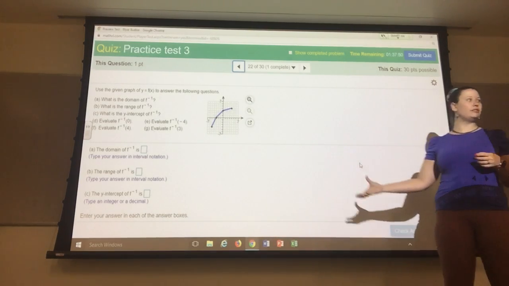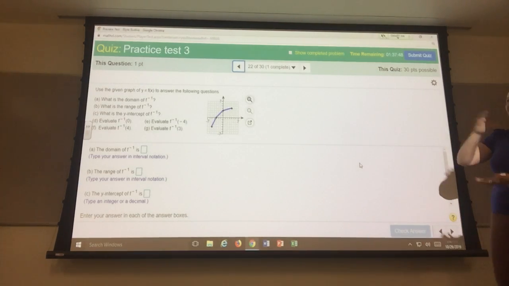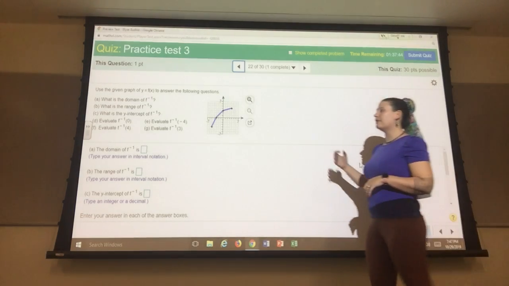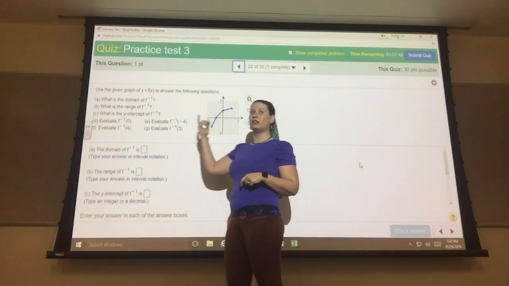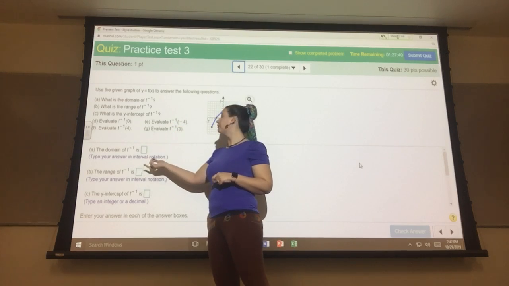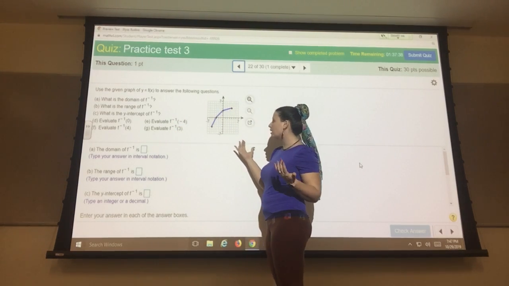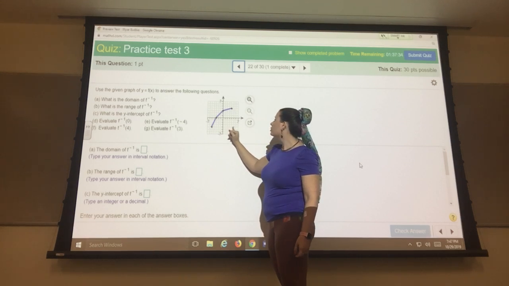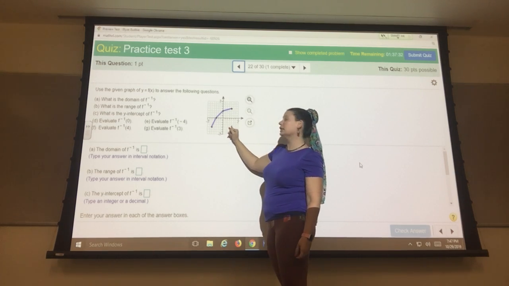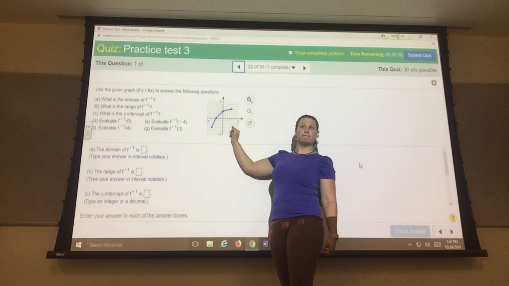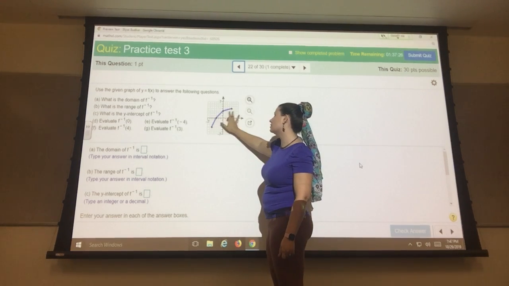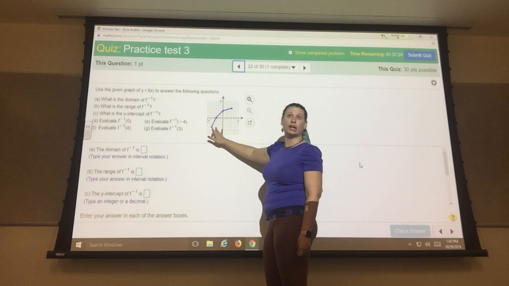So if that's the range of f, that's the domain of f inverse. Then the range of f inverse is the domain of f. So what's the domain? Negative 5 to positive 4, right? Inclusive again. Both of these are inclusive because the endpoints are full, right?